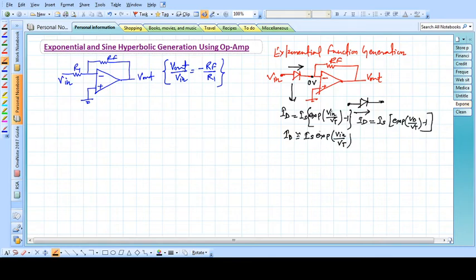Yes or no? I am marking this formula with the yellow line, and this ID equals this one.